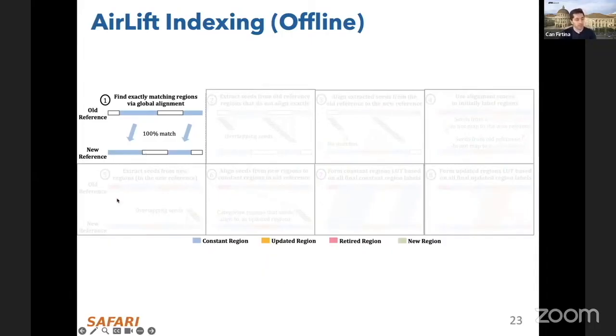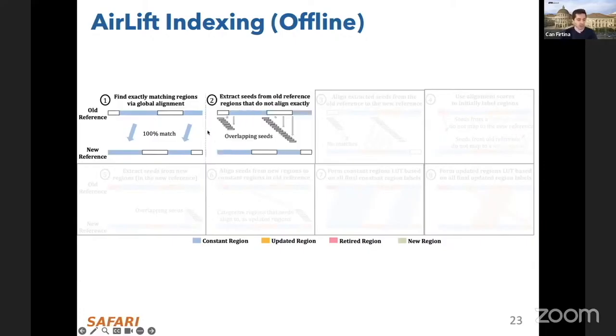The first step in the AirLift indexing is we find exactly matching regions by applying some global alignment between the old reference genome and the new reference genome. Whenever there are exactly matching regions, then we know that these are the constant regions. So for now, we can label them as constant regions.